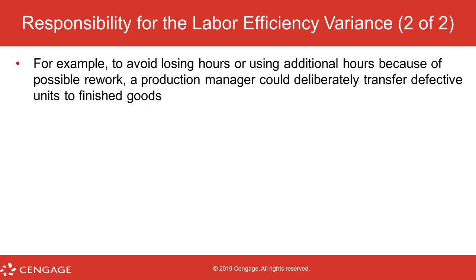One example it gives here is if during the quality control process they discover a unit is not up to standards, rather than having employees go back and redo that unit or make necessary repairs to it, if we're monitoring simply how many hours it's taking us during the production process and we're paid based on that, then the production manager might just transfer this device into finished goods, say there are no quality control issues with it, and that it should be sold, and then eventually that product will be returned.